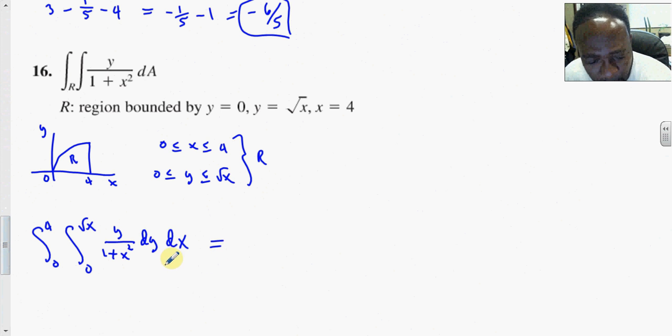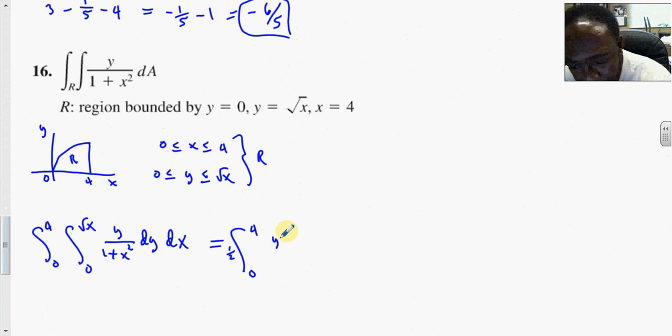So we integrate with respect to y first. This is the integral from 0 to 4, and that gives us the 1/2 y squared over 1 plus x squared, and the y is evaluated from 0 to the square root of x, dx.